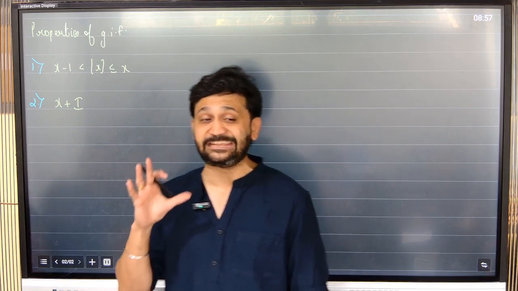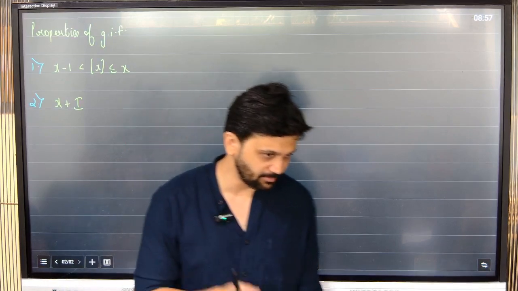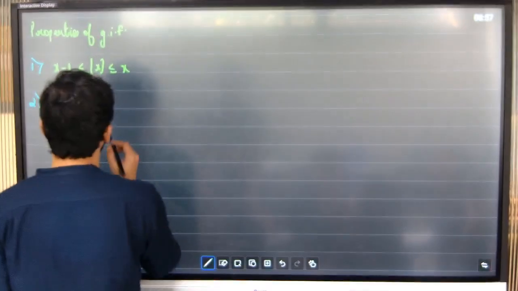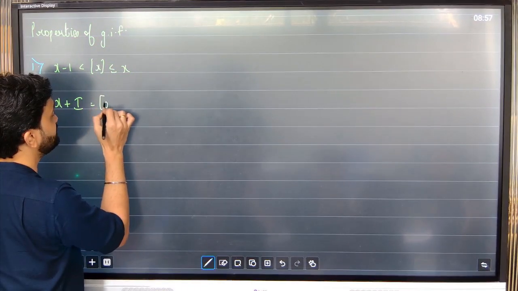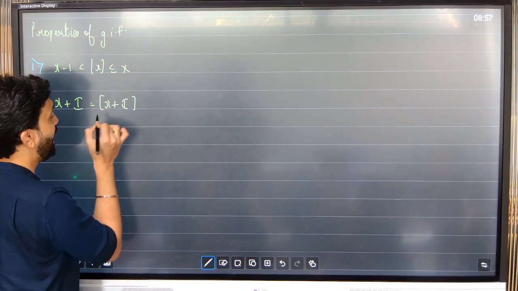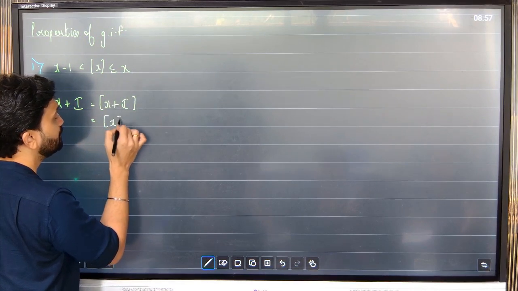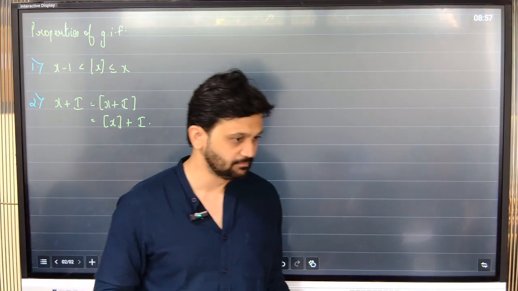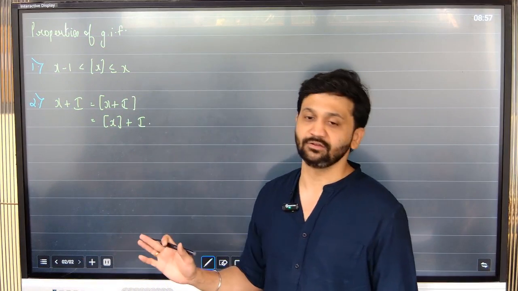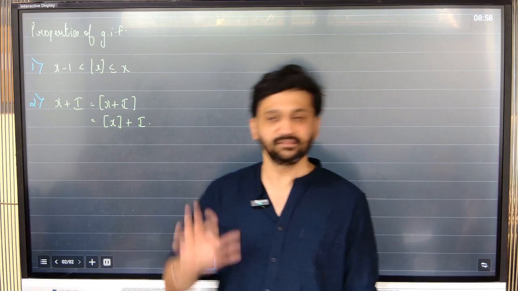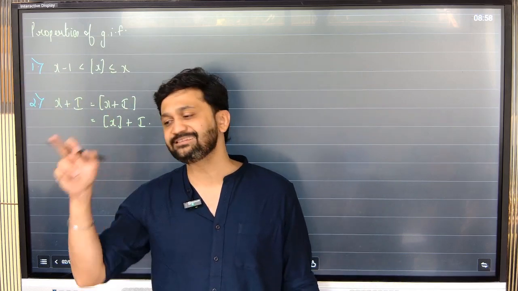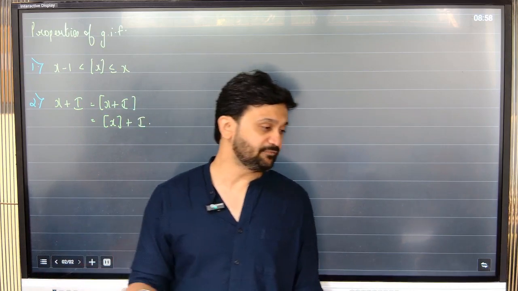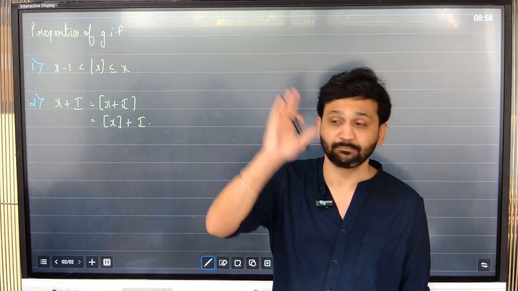If I have taken any integer value along with x, and I have to find its greatest integer function, I have the luxury that I can throw out the integer anytime, because it is already an integer, and putting it inside the greatest integer function will not change it. So for x plus 3, the greatest integer function gives 3 outside, so greatest integer function of x plus 3 is greatest integer function of x plus 3. If x plus 10 is given, greatest integer function of x plus 10 will become greatest integer function of x plus 10.